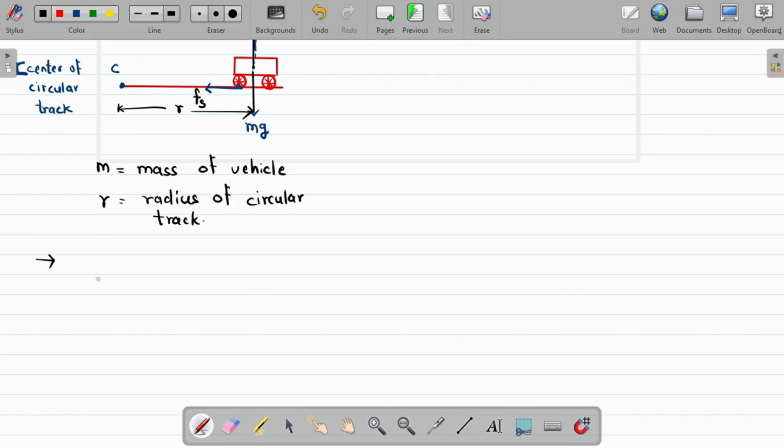What we see from the figure is that the weight of the vehicle is balanced by the normal reaction.